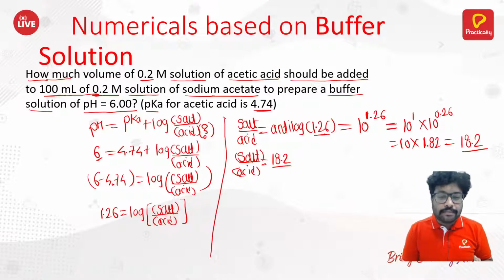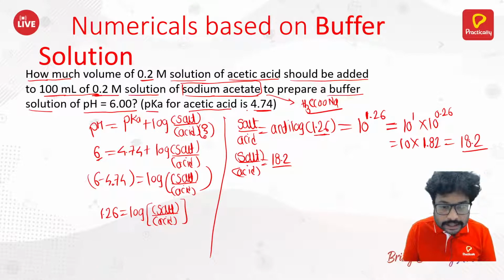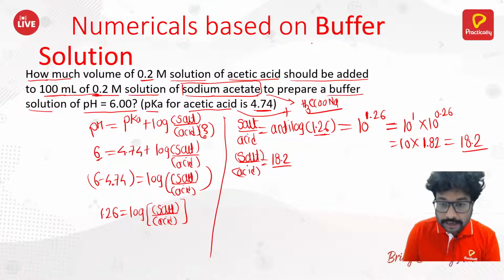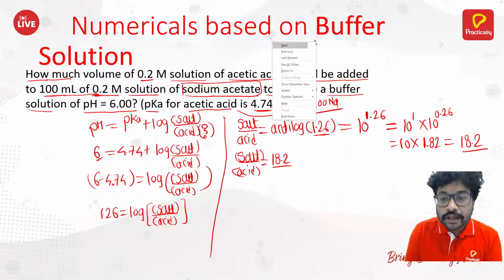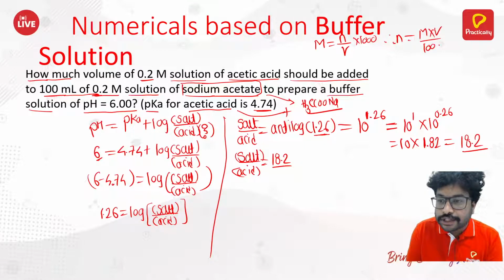So how do we find the number of moles of salt? What is the salt? Sodium acetate. Remember, an acidic buffer is a mixture of acetic acid plus sodium acetate. What is the formula for the number of moles? N is equal to M into V divided by 1000.